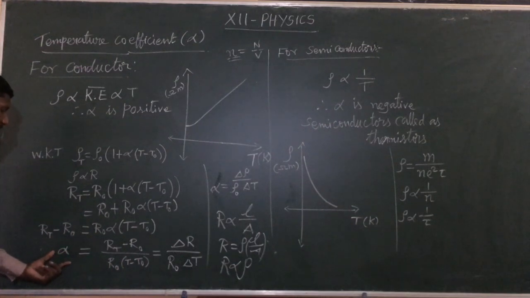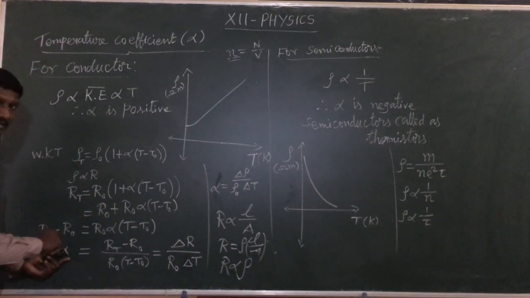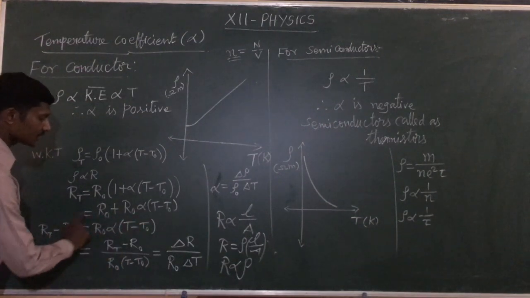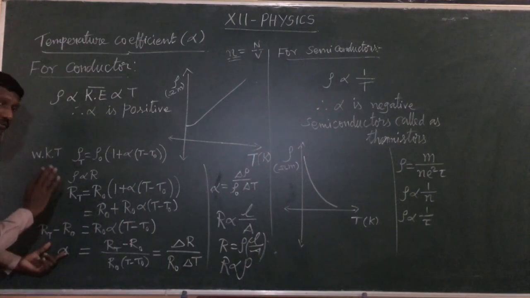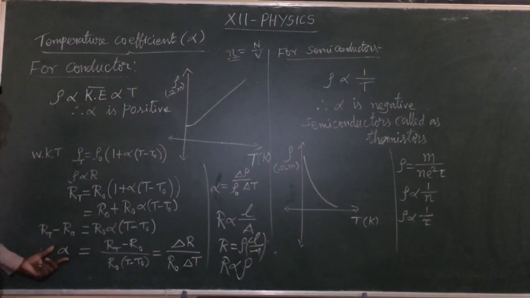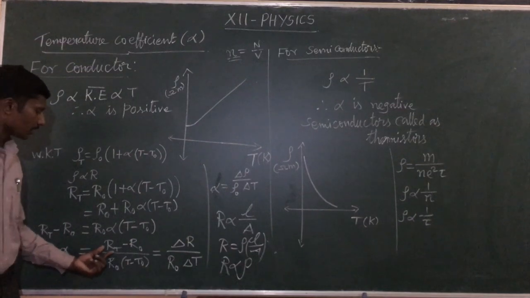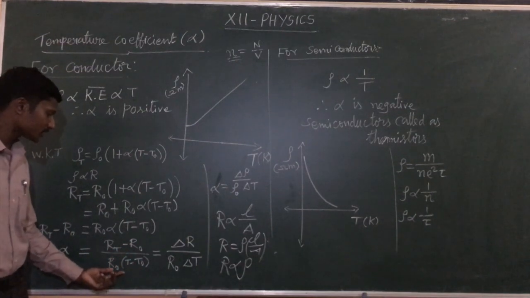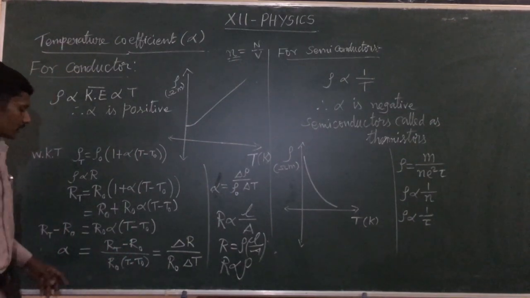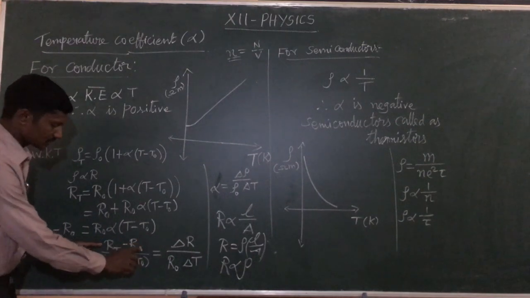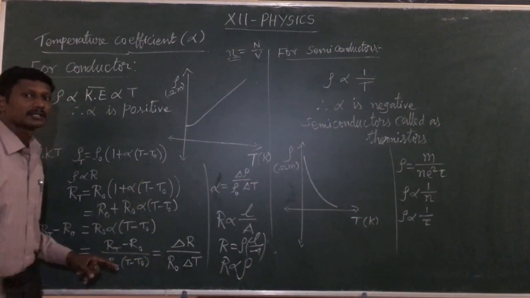Rearranging the equation for alpha, alpha is equal to (RT minus R0) by R0 into (T minus T0). RT minus R0 is the increase in resistance and T minus T0 is the increase in temperature.